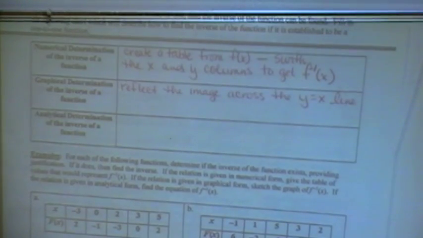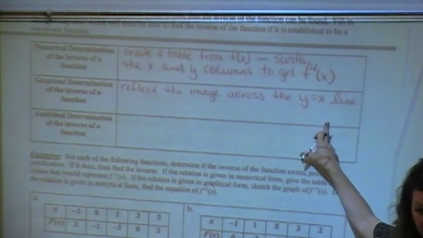For a graphical determination, graphically, you would reflect the image across y equals x.